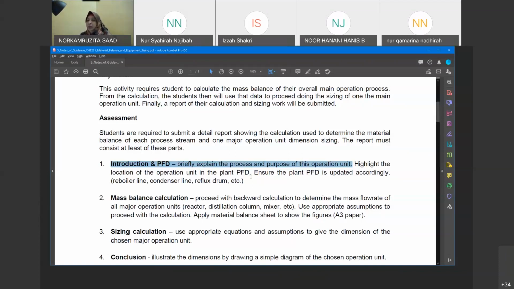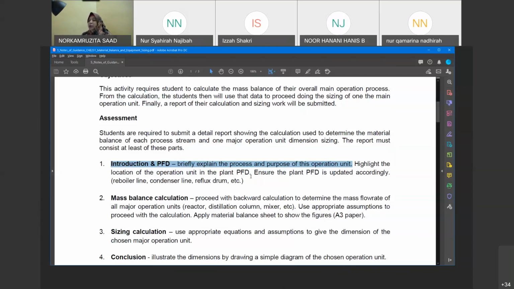Now, let's proceed to mass balance calculation, which is what this task is all about, okay. So mass balance calculation, proceed with backward calculation to determine the mass flow rate of all major operation units.